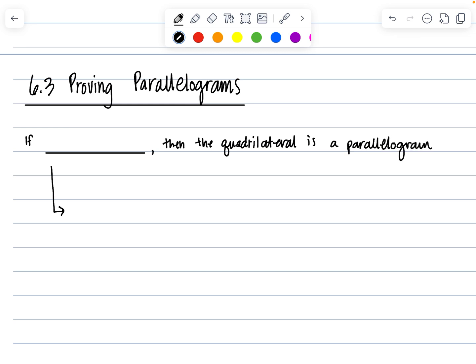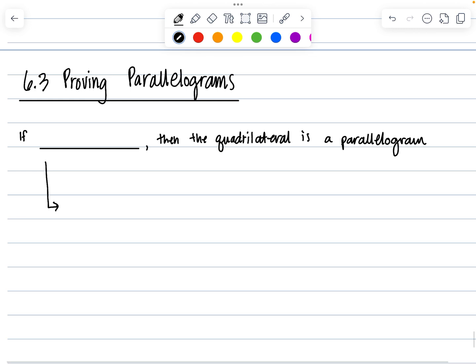All right, so this is where the if is. Now, if any one of these 5 tests to prove parallelograms is true, then it is definitively a parallelogram. So there are 5 tests to prove parallelograms.